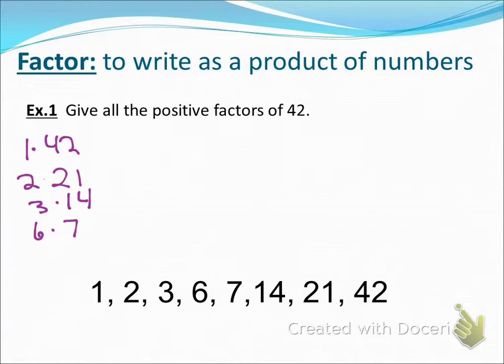But when we list them as just a list in order from smallest to biggest. But in my head I'd be like 1 times what, 2 times what, 3 times what, 4 doesn't go into it, 5 doesn't go into it, 6 goes into it 7 times. Make sense? Okay.